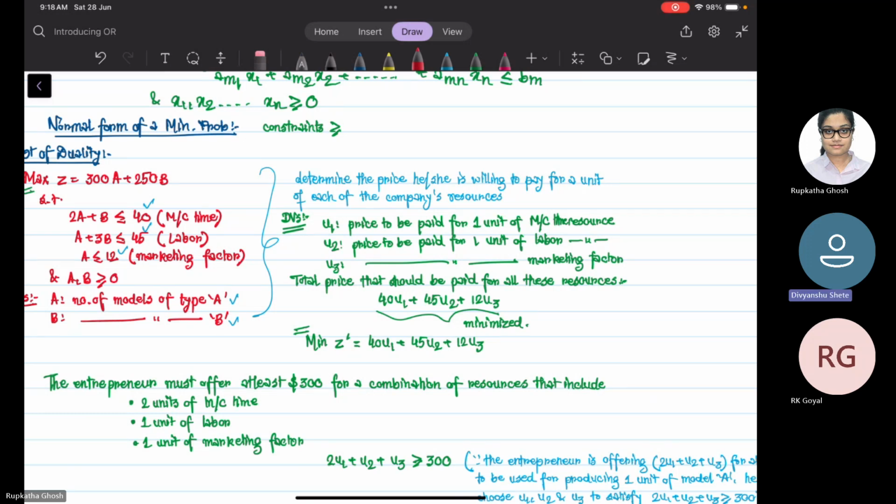Binding constraints? No, it's a variable, right? How come it's your binding constraint? You don't know whether the left hand side would be equal to the right hand side.